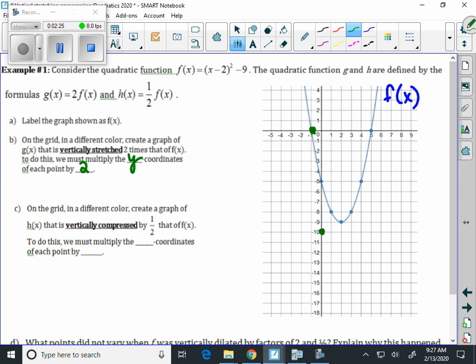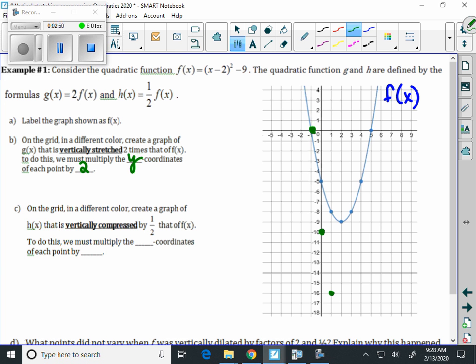Reading the graph from left to right, the next point I'm looking at is (1, negative 8). When we're vertically stretching, we're multiplying the y value of the graph by 2 in this particular case. The y value of this next point is negative 8, and negative 8 times 2 is negative 16. Next, negative 9 is our turning point, or our vertex of the graph.